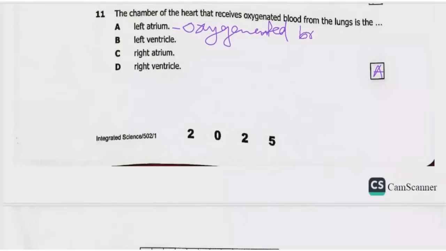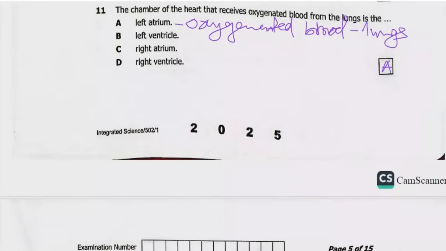So here you see oxygenated blood from the lungs. B, left ventricle: the left ventricle carries oxygenated blood to all parts of the body. Sorry, I'm using shorthand.